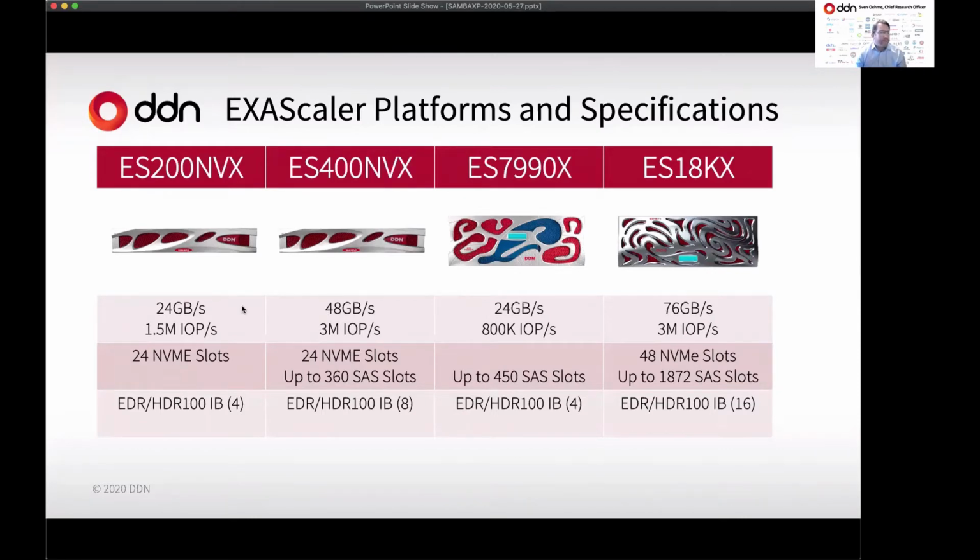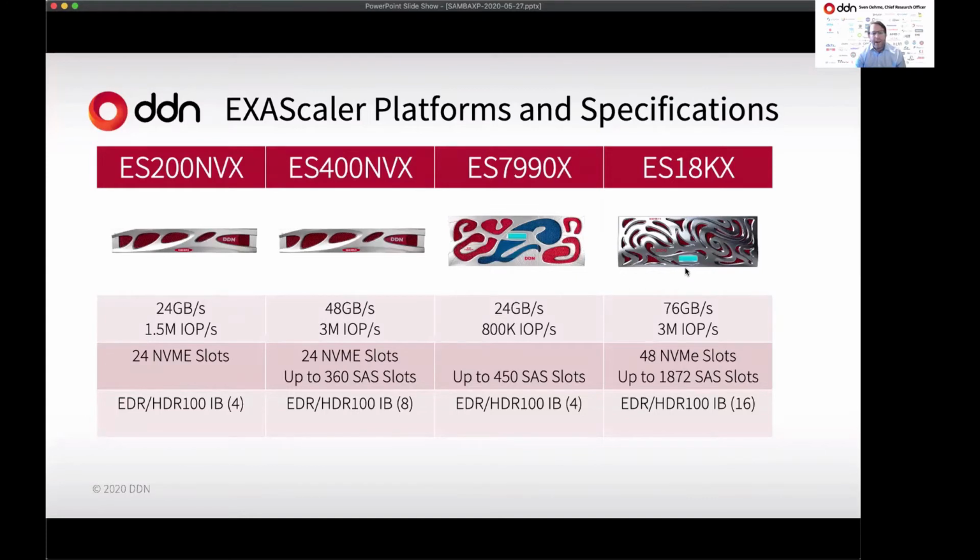The only difference is that the first two are head units that contain NVMe drives. The 400 has the capability to add several SAS expansions to basically provide SAS capacity besides just NVMe capacity. The 7990 is an all SAS system where it can fit up to 450 drives through multiple expansions.